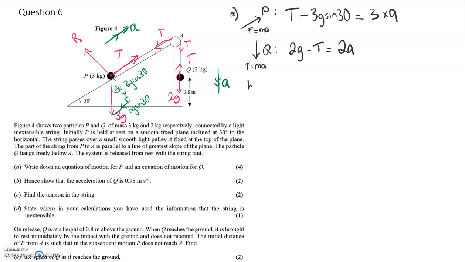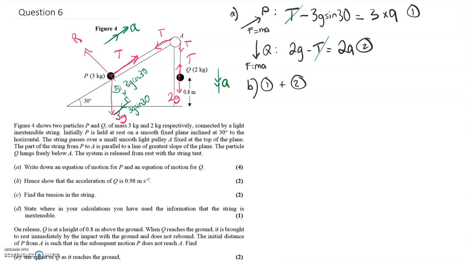Part B says, hence show that the acceleration of Q is 0.98. So we need to obviously solve these two simultaneously. The easiest thing to do to get rid of T is to add equations 1 and 2 together. That will cancel out our T's.